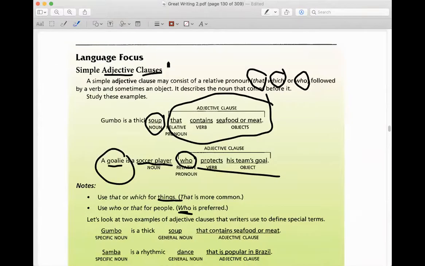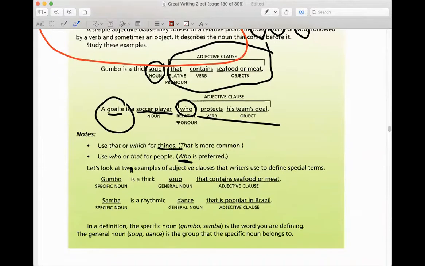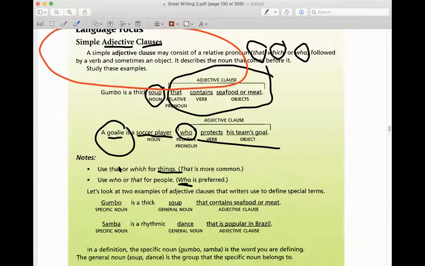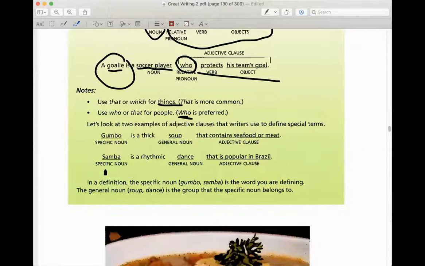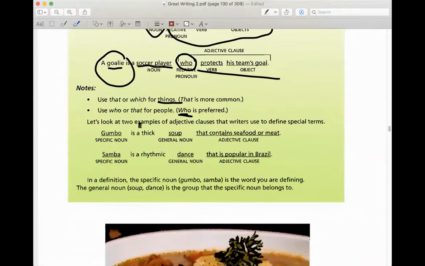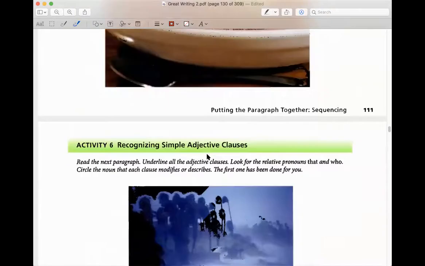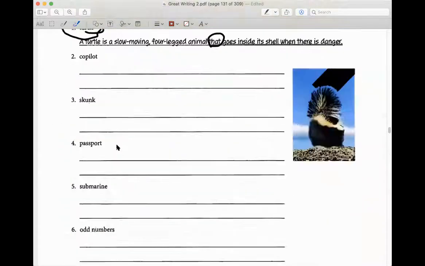This one you'll need, language focus, adjective clauses, how to use that and which and who to make longer, more interesting, more complicated sentences. So gumbo is a thick soup that contains seafood or meat. Samba is a rhythmic dance that is popular in Brazil. Okay.